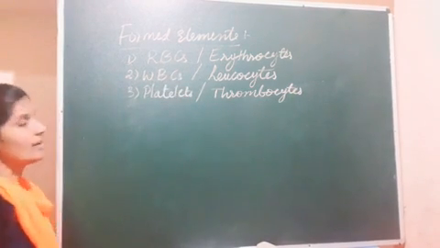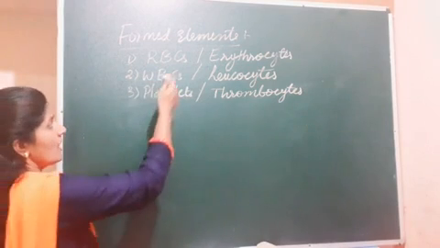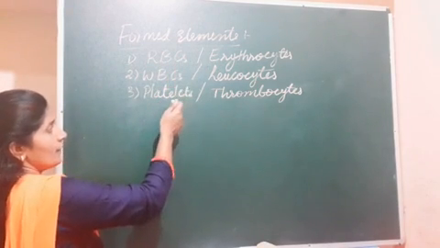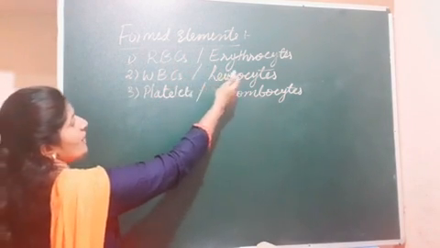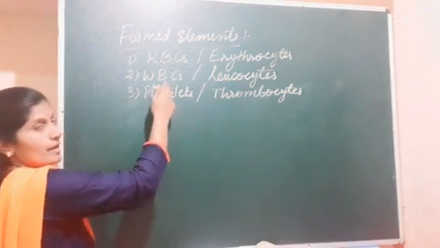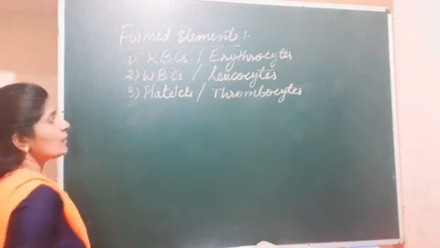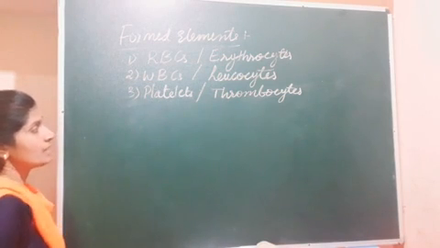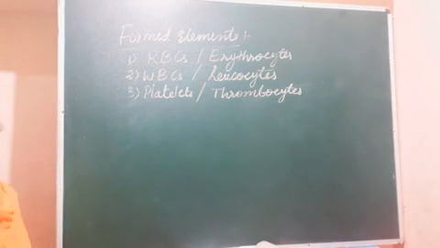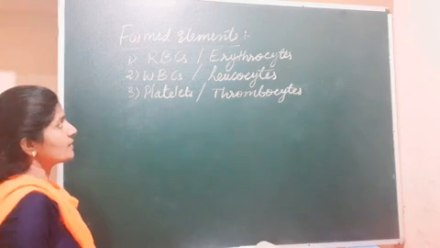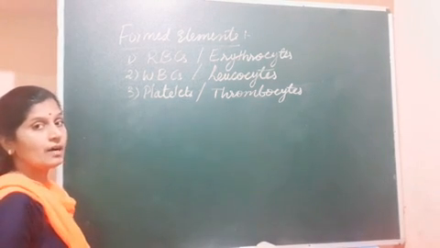So there are three types of formed elements: RBCs, WBCs and platelets. RBCs are also called erythrocytes, WBCs are also called leukocytes, and platelets are also called thrombocytes. So these three types of formed elements are present in our blood.